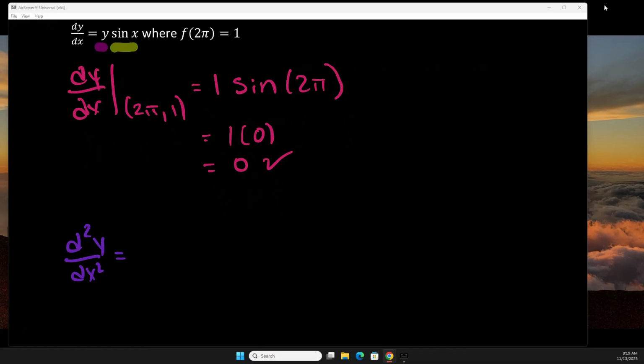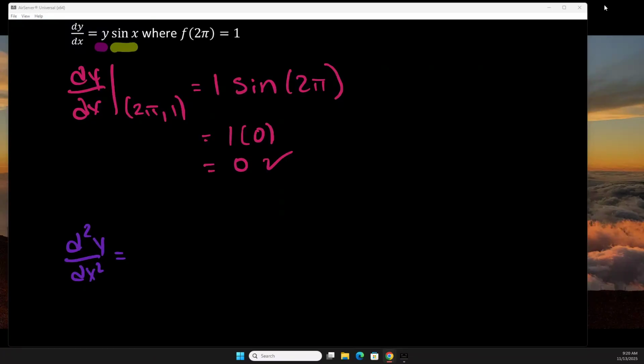All right, see if you guys can do this on your own. Remember about y needing the dy over dx. So on the product rule, you're going to leave y alone, but then you multiply by the derivative of sine.